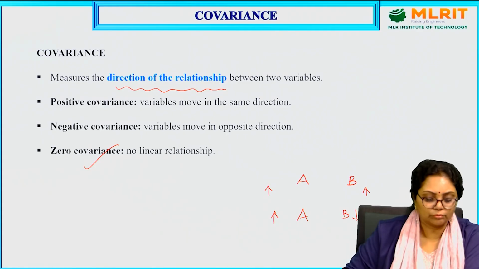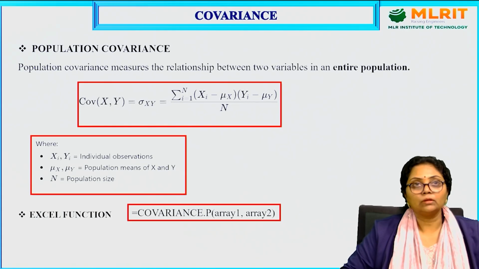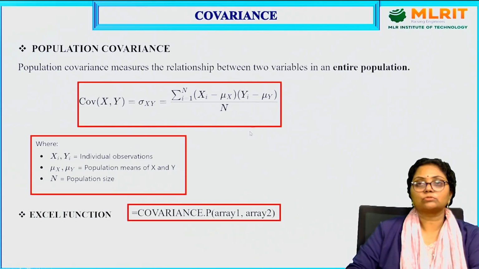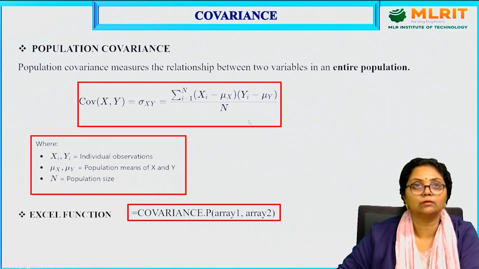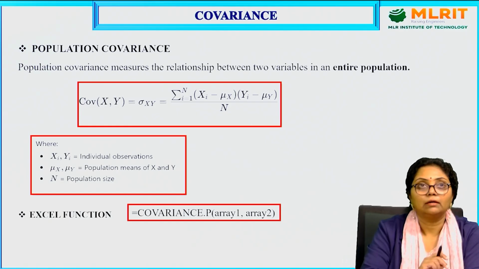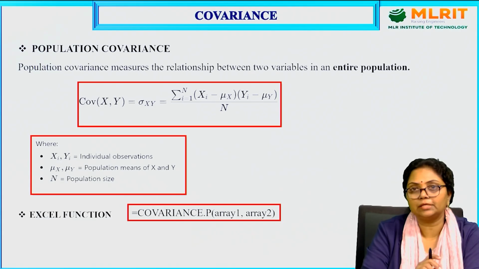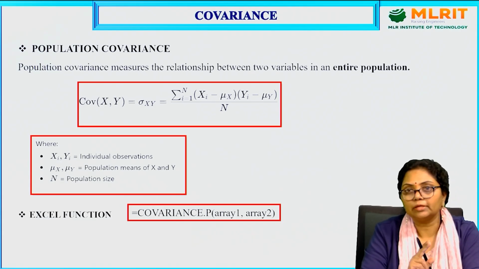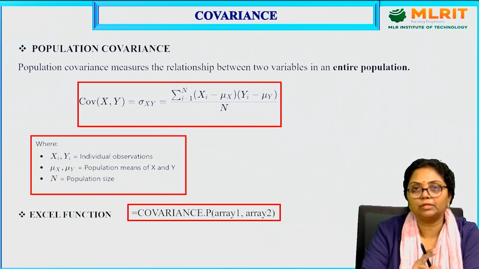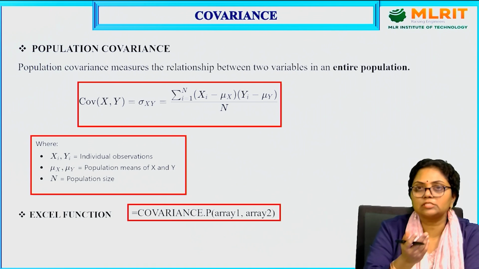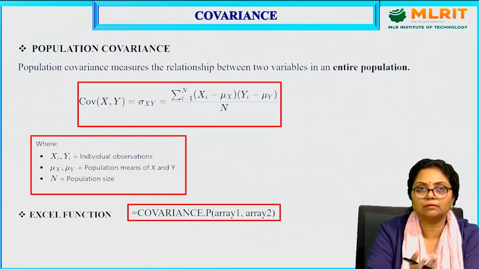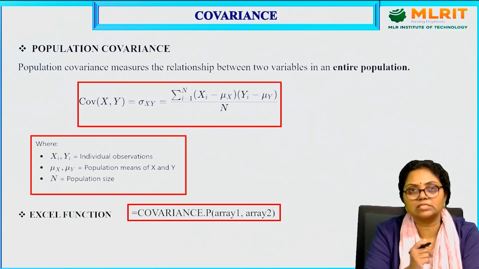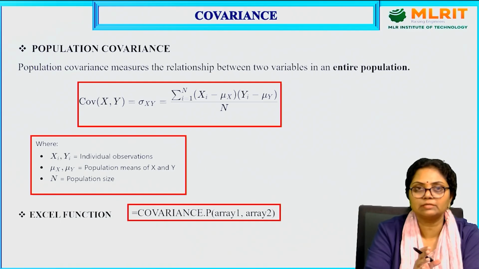Now, let us see the formulas associated with population covariance. In covariance and correlation, we come across two types: population covariance and sample covariance. Say, for example, the class strength is 60 members, and we take all 60 members into count.